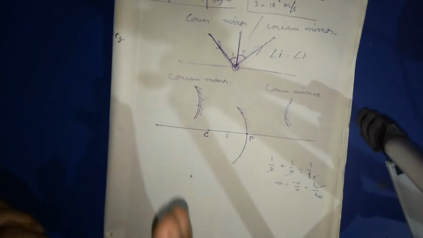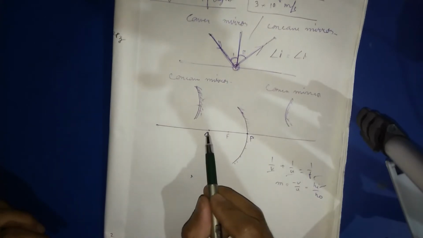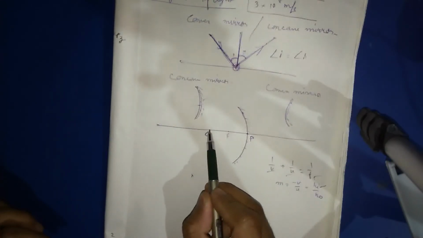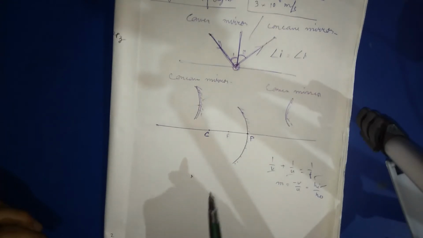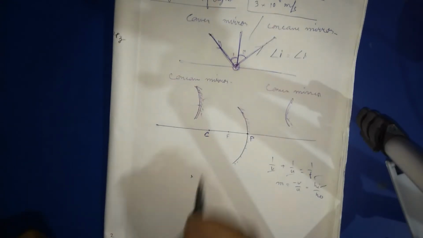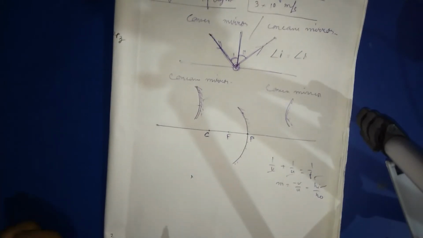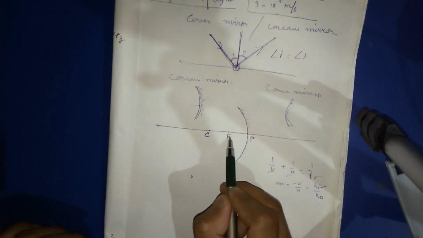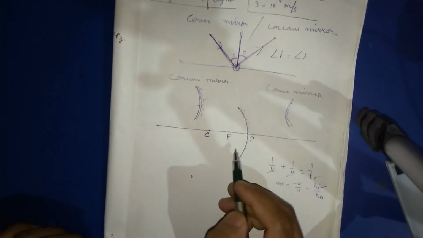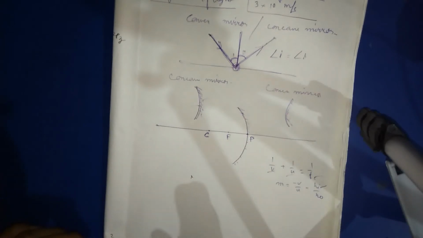The point between the center of curvature and the pole is called the principal focus, F. The distance from the pole to the principal focus is called the focal length.